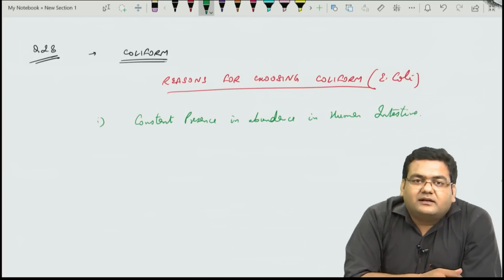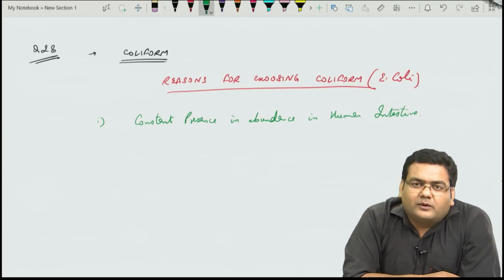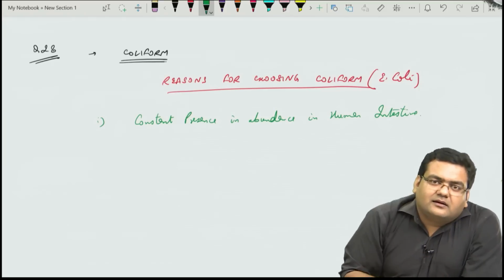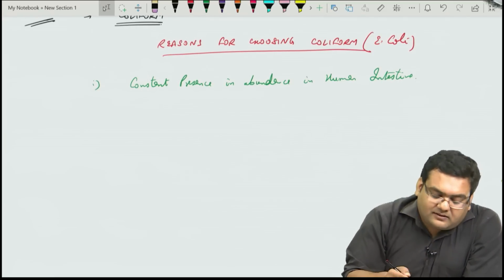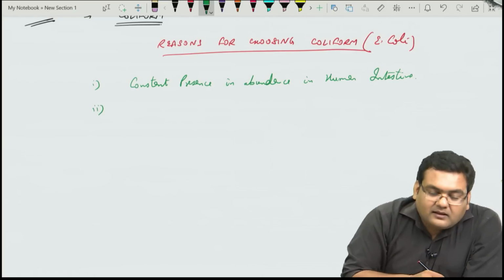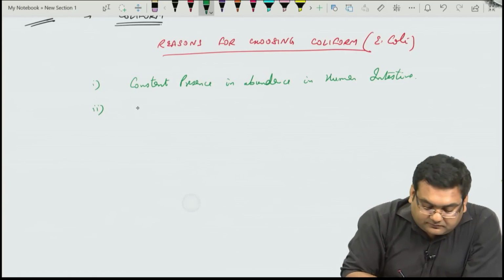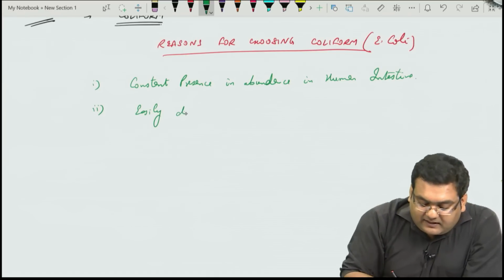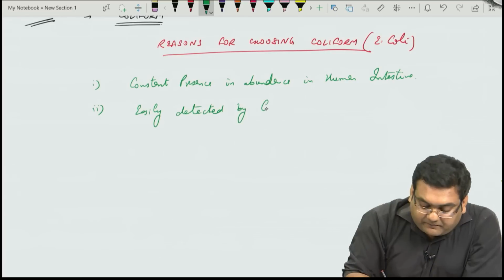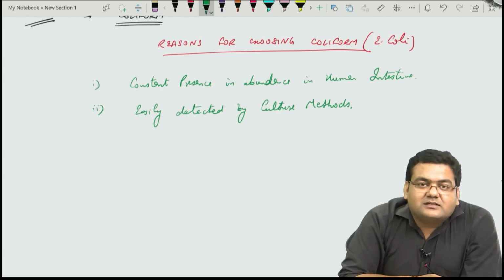It is constantly present in abundance in the human intestine, hence contamination is very easy to be detected. Second point is it is easily detected by culture methods.